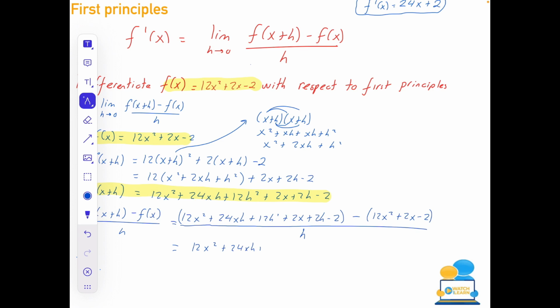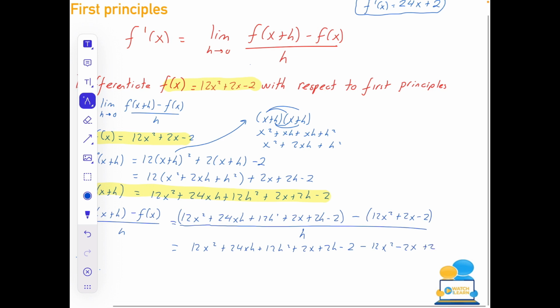Okay, I'm going to tidy this up a little bit. And that's going to be minus 12x squared minus 2x, and then be very careful there. So it's minus minus 2, which is going to give me plus 2. Now at this point, things should start to cancel out at the top.